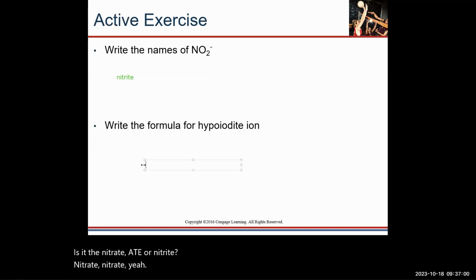Okay, what is the formula of hypoiodite ion?